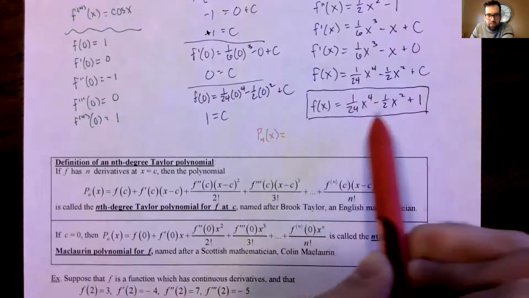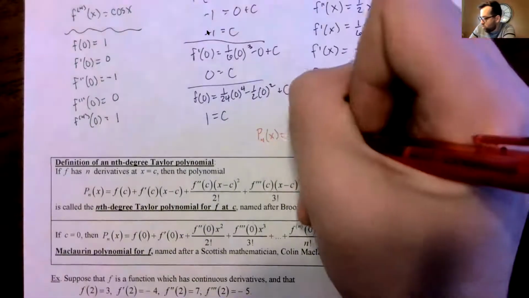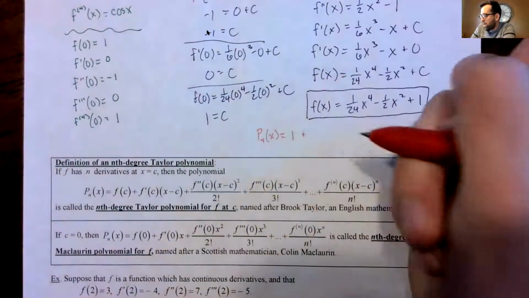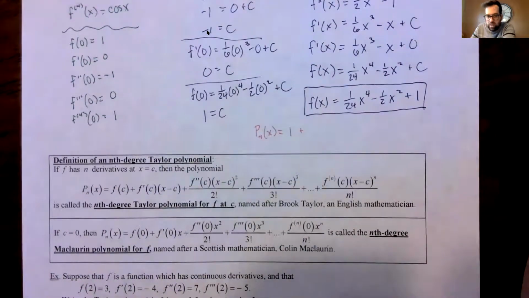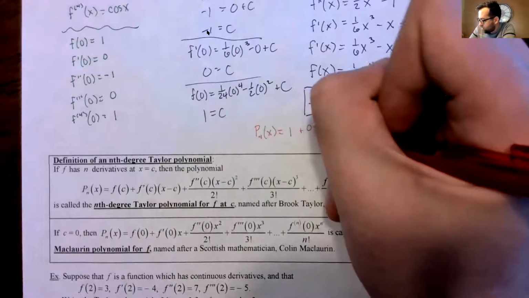So I'm going to reverse the order of how we usually write a polynomial. So it's going to start with 1. And notice there's no x term. The x term canceled out. But to make the pattern clear, I'm going to write the x term anyway. So it's going to be 0x over 1.